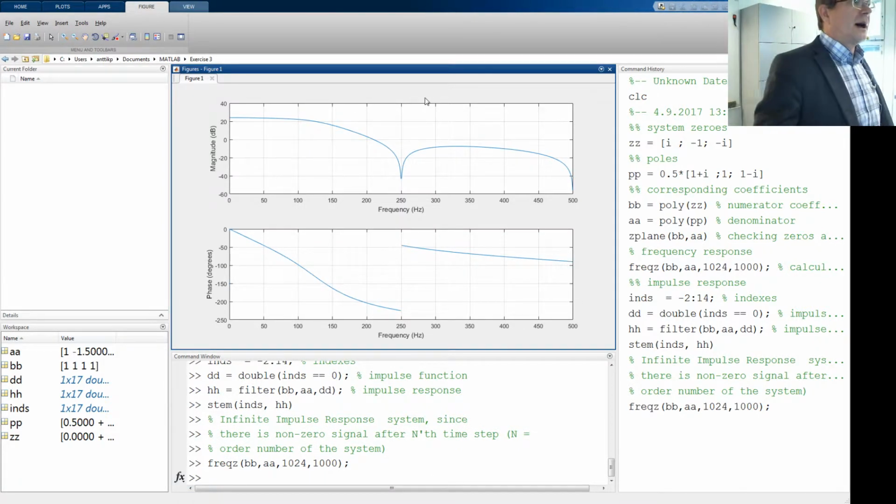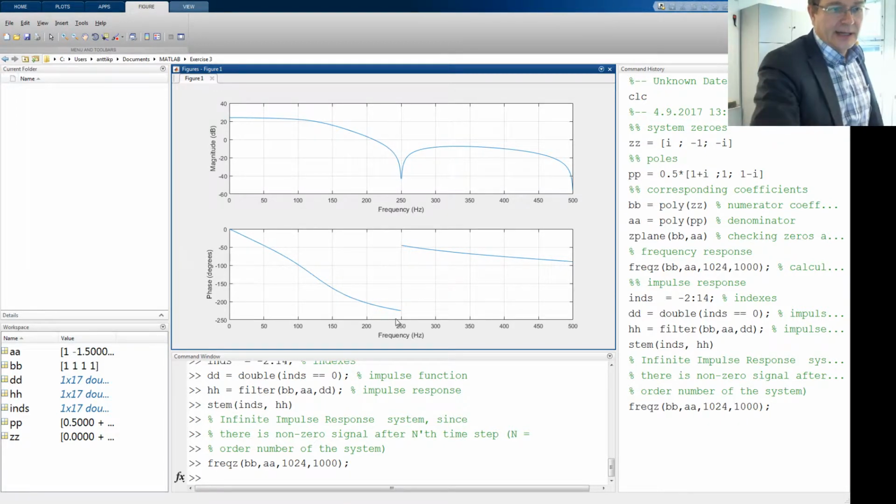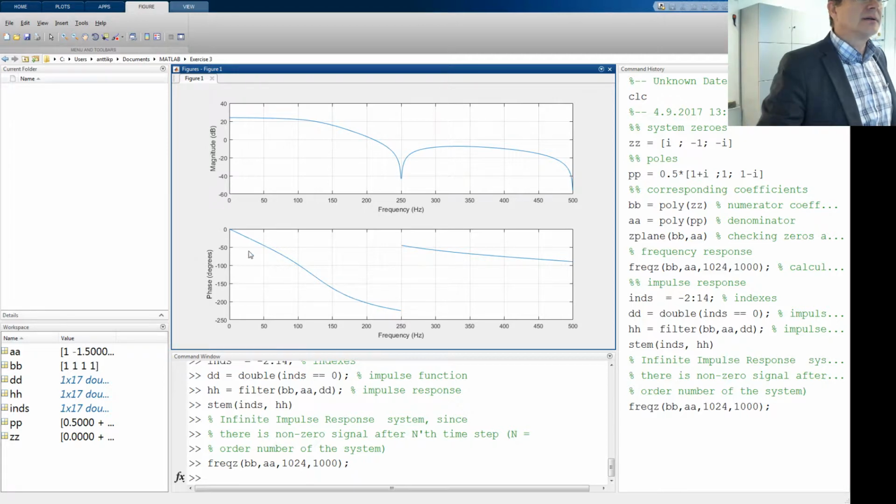Okay, so phase response, and well, that already shows it's non-linear. This is not a straight line.